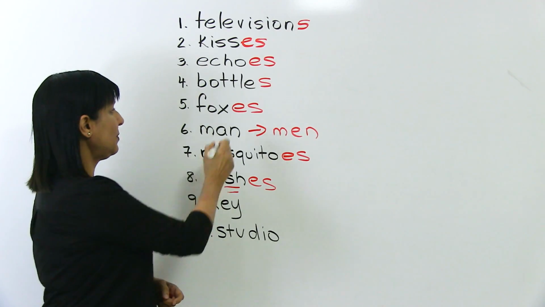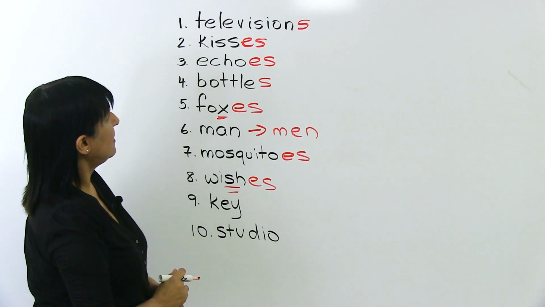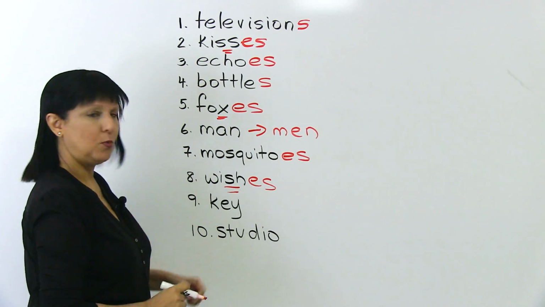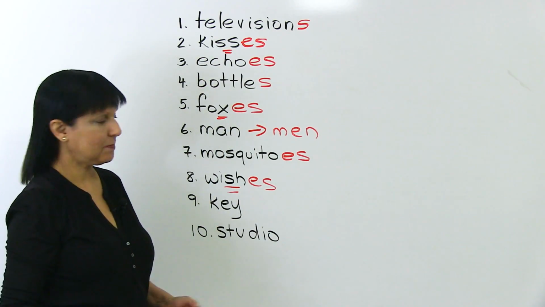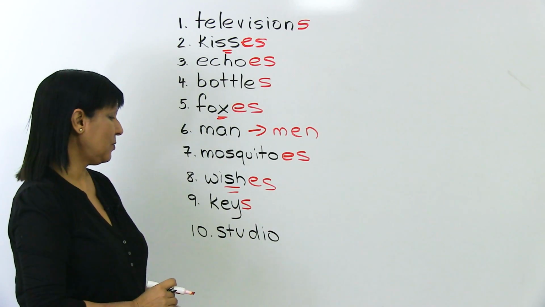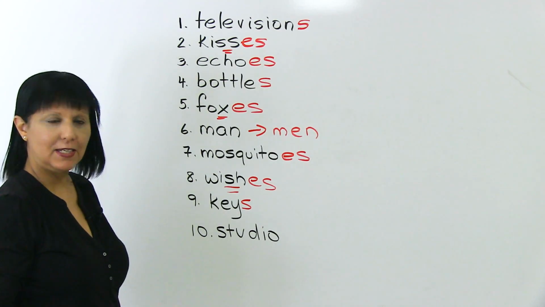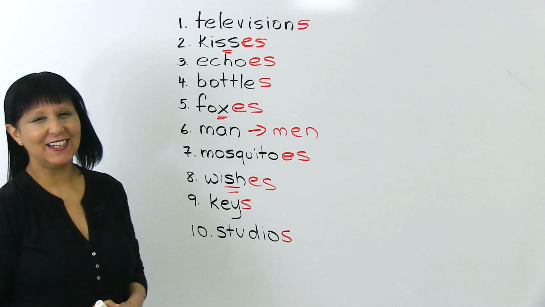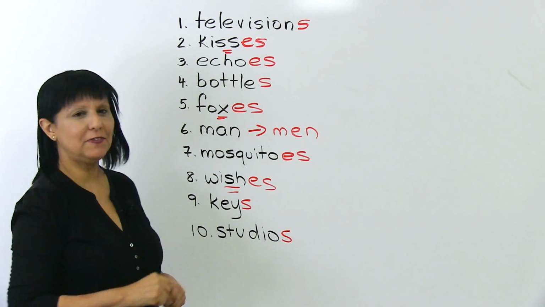All right, just like we had X here and S here. Okay, all right. 1 key, many keys. Okay, 1 studio and many studios. Okay, I know it can be a little bit confusing sometimes.